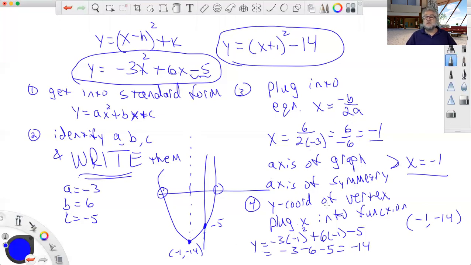It's right along there. And then we take that x-coordinate and plug it back into the function to solve for y. So what we did down here. And then we got the coordinates of the vertex. And then if we wanted to write it in vertex form, we could do that. Or we just leave it in standard form. Okay? So this is the way it works.